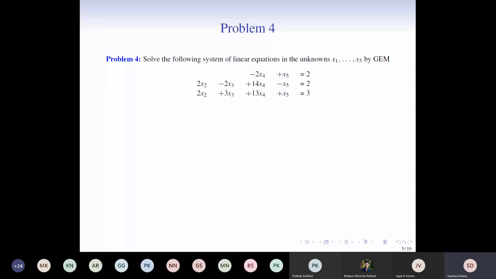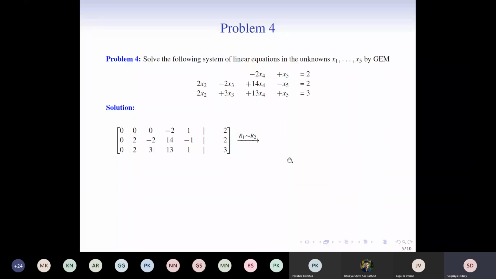Next, we move on to solving the following system of linear equations in the unknowns. Here we have to solve the system by the Gauss elimination method. The very first thing we do is take this augmented matrix and convert it into row echelon form.